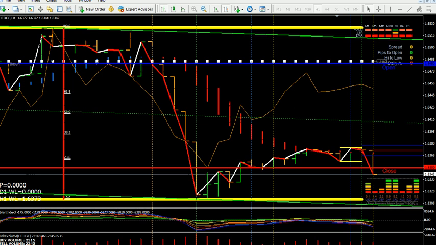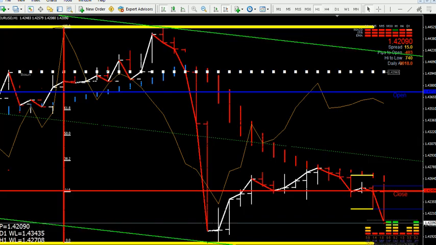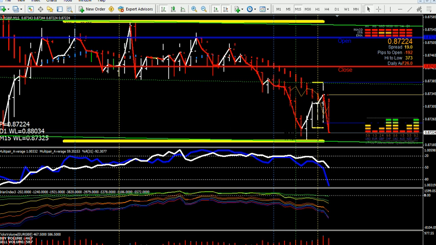It confirms that on here that it's short, and we go along and look at our currencies. Euro US dollar is short in the 1 hour, it's short in the 4 hour. Euro Great British Pound is still short.